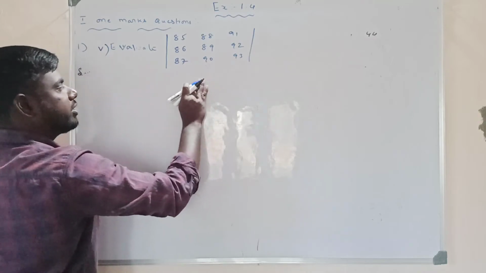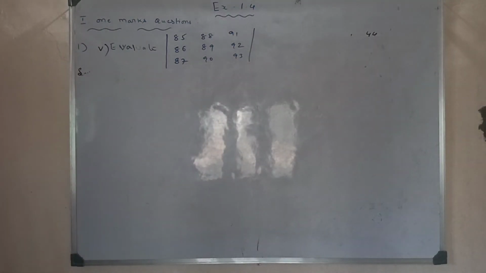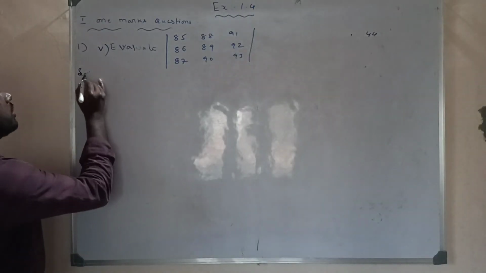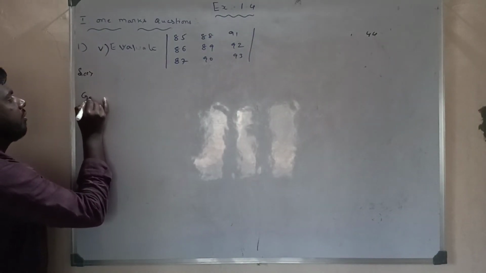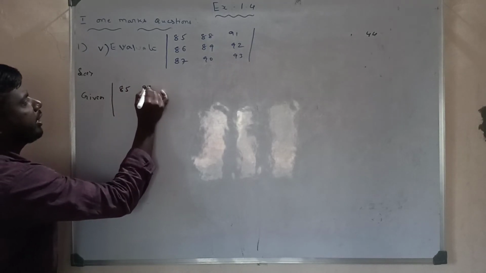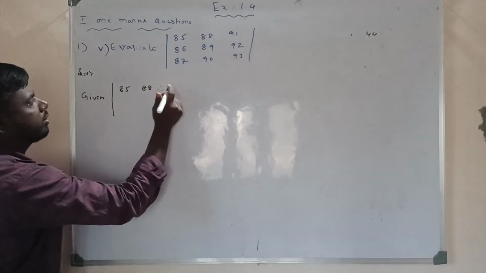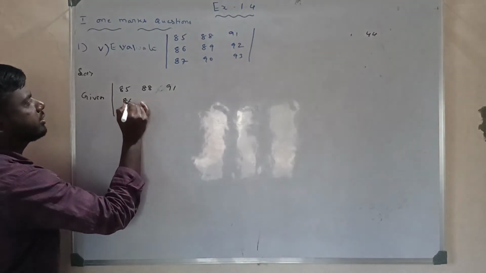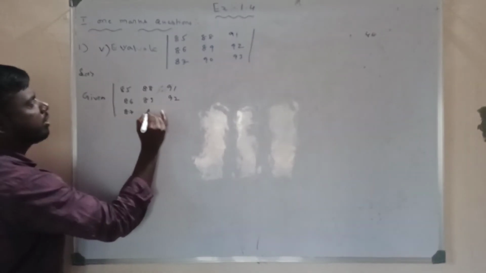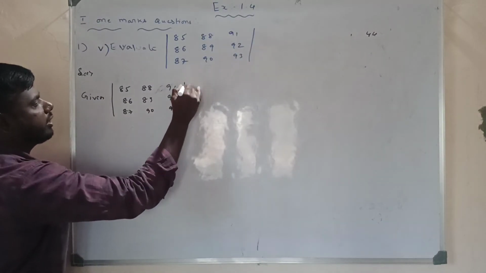So this one also is a 3 by 3 matrix. You should apply the row operation or column operation and we get the determinant value. See the solution here, students. Given the determinant 85, 88, 91, 86, 89, 92, 87, 90, 93.